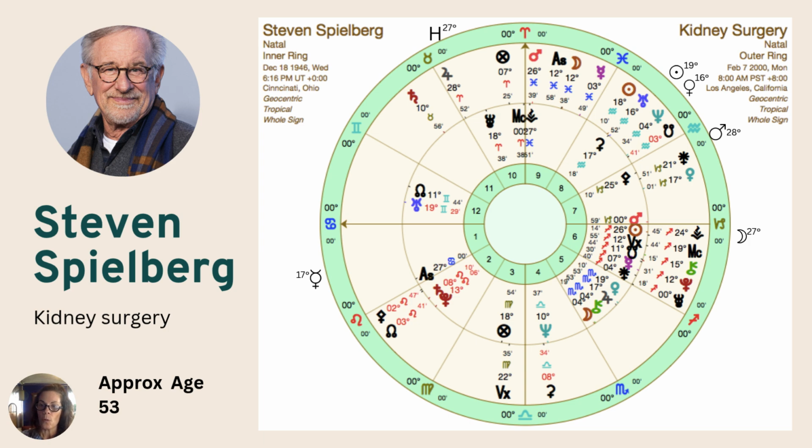And also, we could see, let's see there, I feel like there was something else. Oh, we could notice that this OP Venus at 16 degrees, as well as his progressed sun at 19 degrees, these are squaring his natal Jupiter-Venus combination in the sign of Scorpio, right?